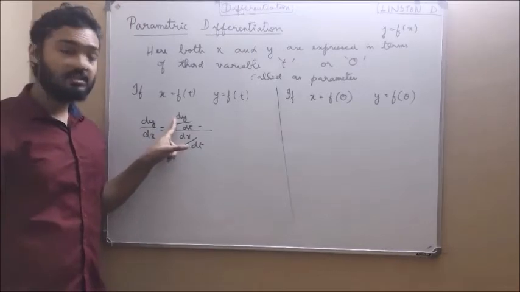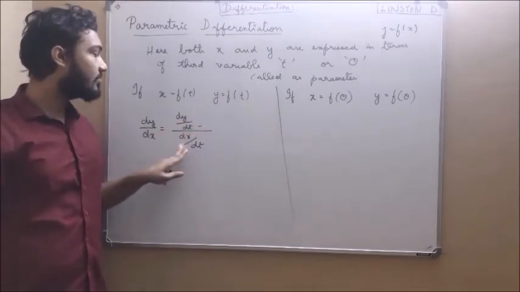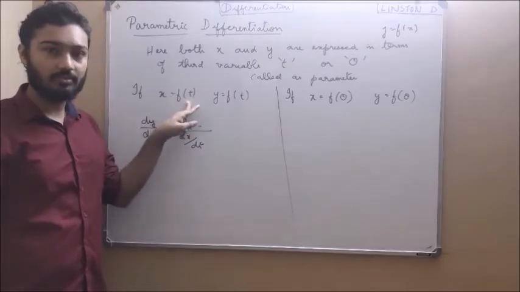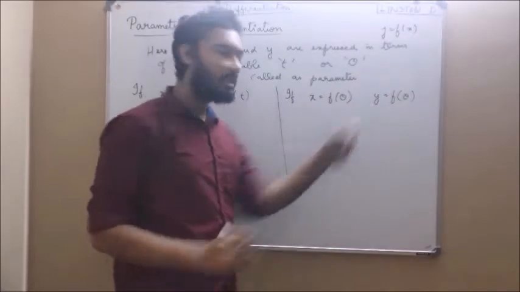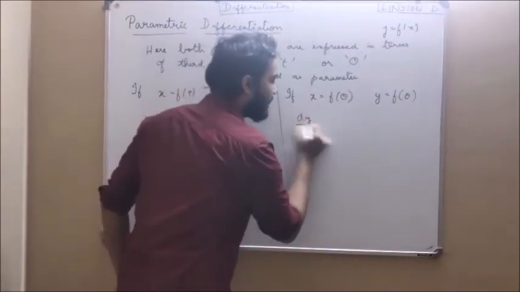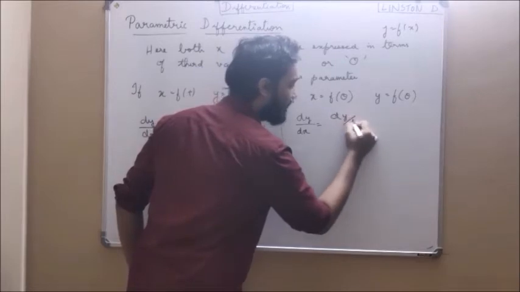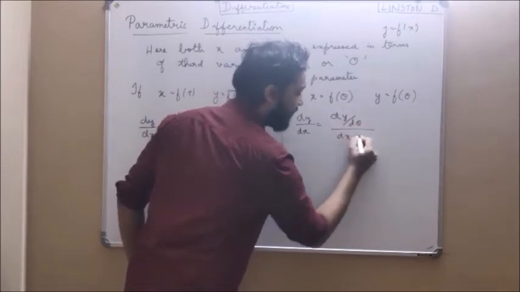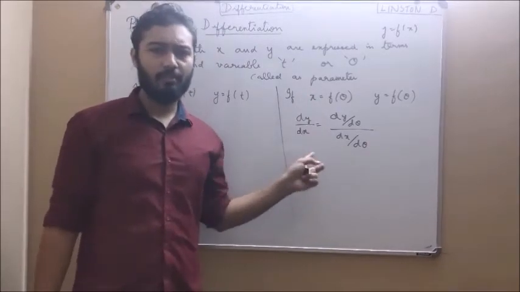Here dy by dt is nothing but differentiating y with respect to t, and dx by dt means differentiating x with respect to t. If x equal to f of theta, y equal to f of theta, then dy by dx equal to dy by d theta divided by dx by d theta. So this is the formula you need to remember.